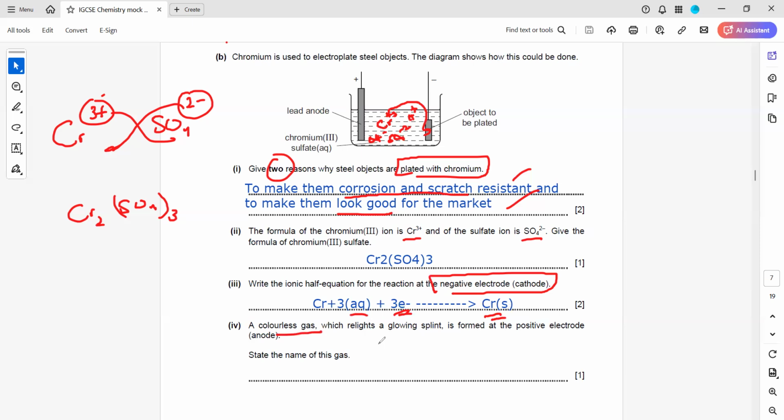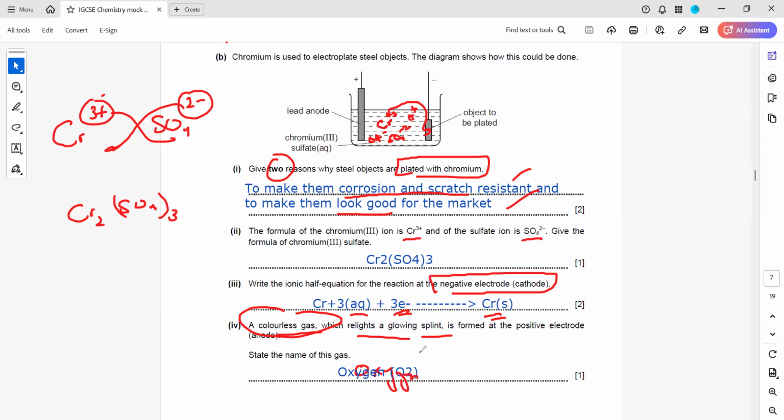A colorless gas which relights a glowing splint is formed at the positive electrode. So this is a test for what? A colorless gas that relights the glowing splint. Which gas is this? This is oxygen gas, O2.